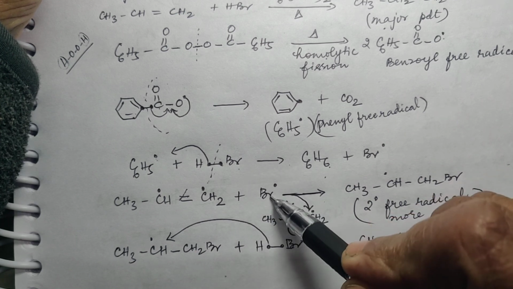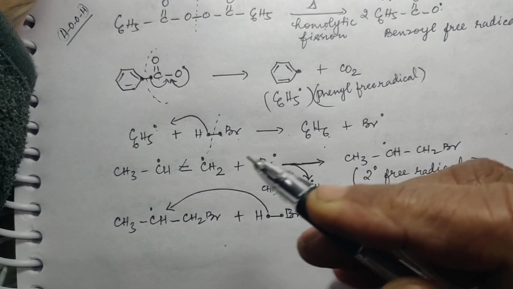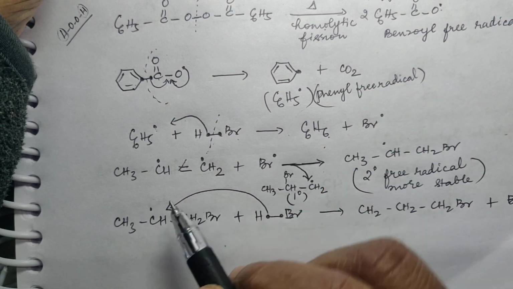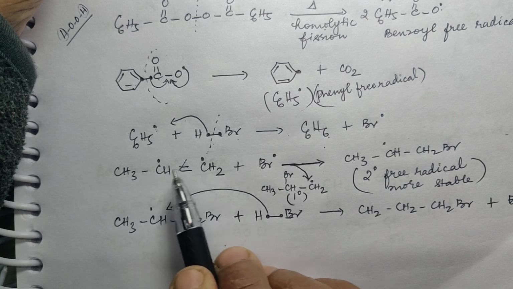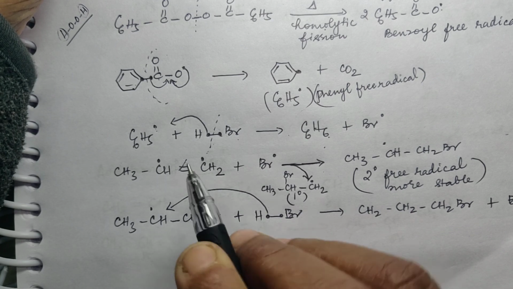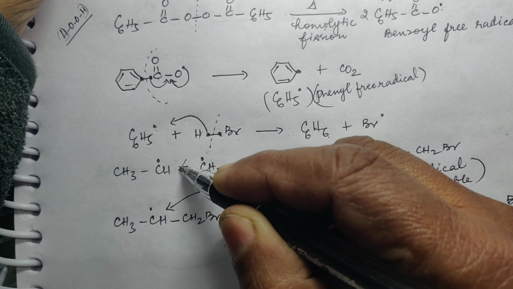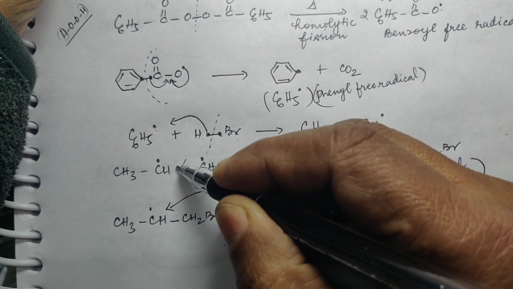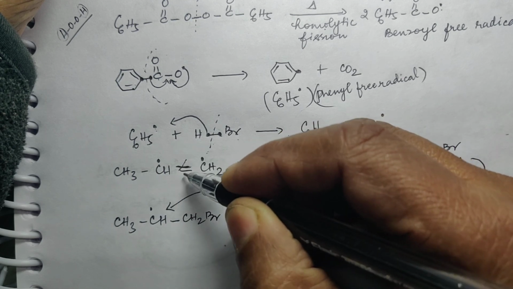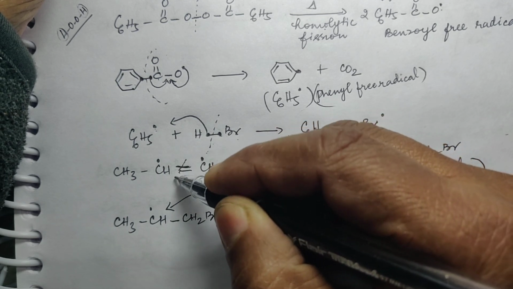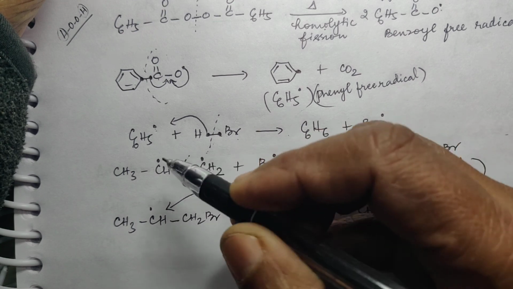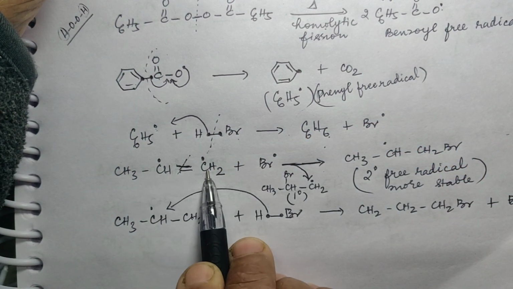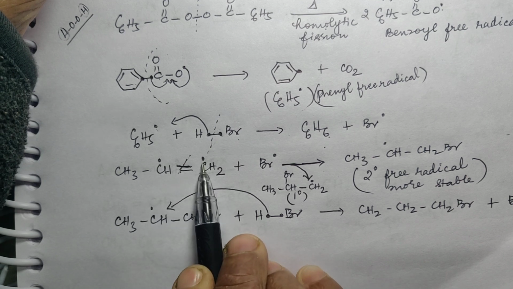This Br dot is going to make homolytic fission between the two carbon atoms. Both of them are sp2 hybridized, so they will undergo homolytic fission. During that homolytic fission, this pi bond will break, and the pair of electrons associated with this bond will go towards the respective carbon atoms.